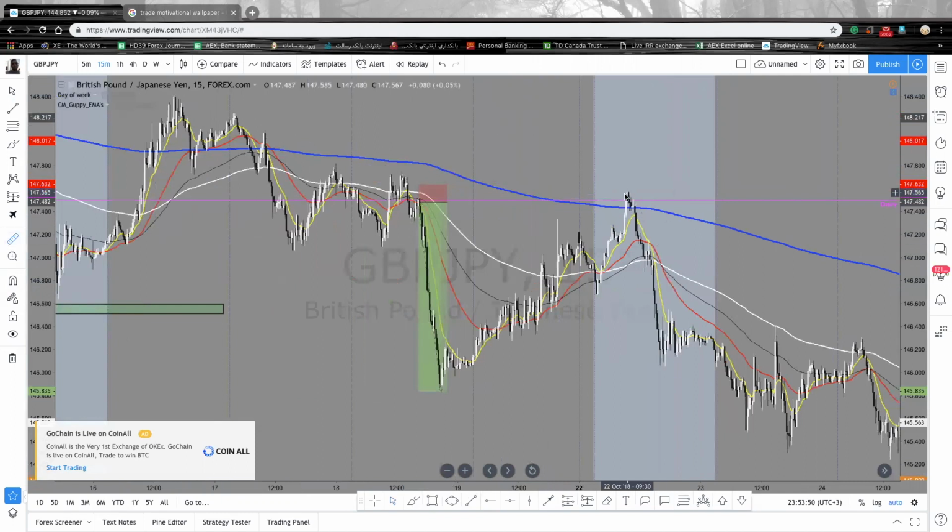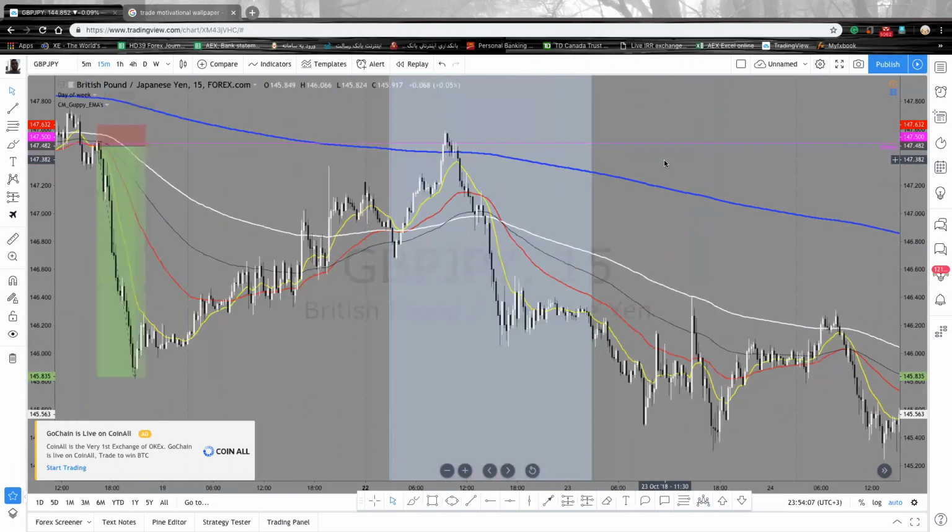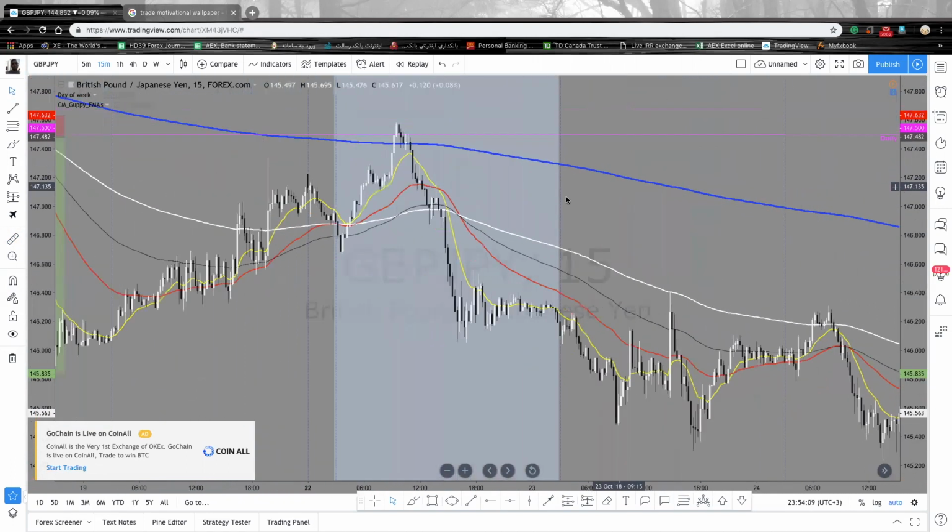Let me count it here for you. Let's say they want to enter here. That's 25 pips, it's 57, 72, and that looks like 85, 86 pips. So I'm never going to use that much of a stop. That's my take profit. So if you didn't want to enter here, price goes right above it, comes below it, and then plays around it.